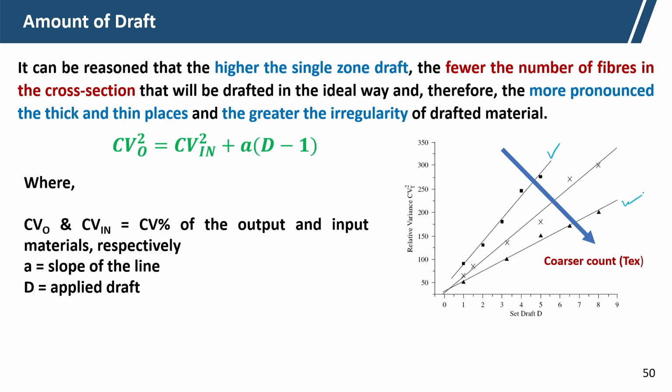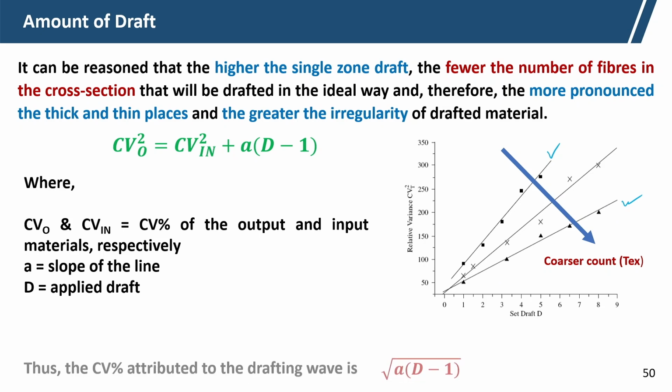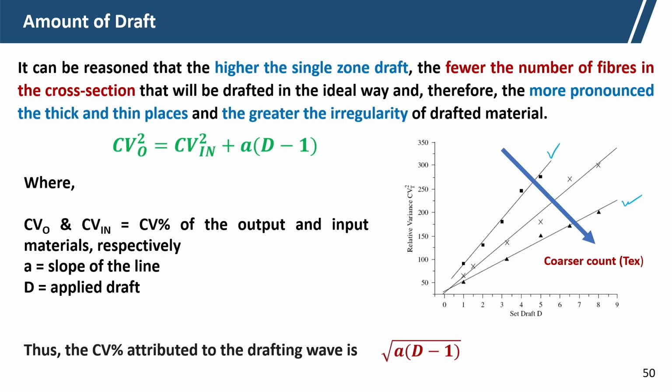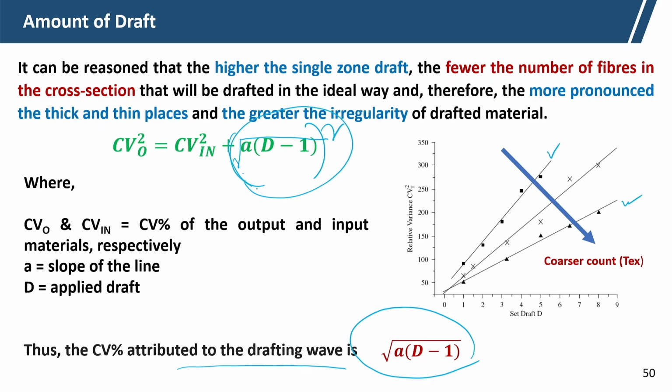So, there is a straight line relationship, and here the CV percent attributed to the drafting wave is, this is the A.